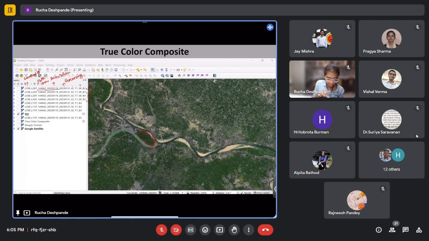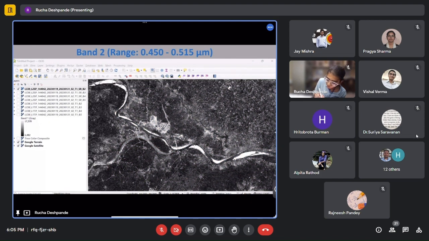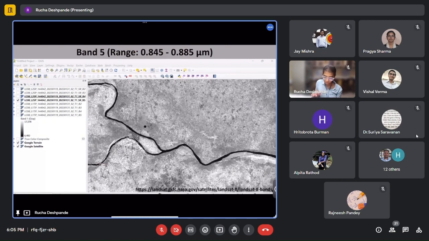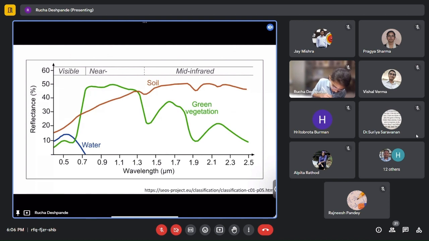So let's look at how this image would appear in band 2, which is the blue band, and it ranges from 0.450 to 0.515 micrometer. If you look at the reflectance spectra now, it is 0.45 to 0.51, so it should be somewhere around here.